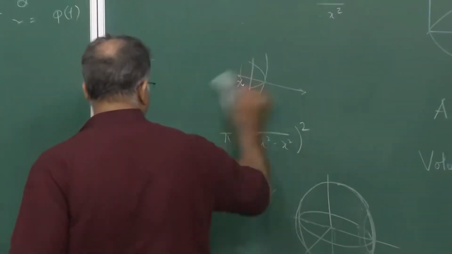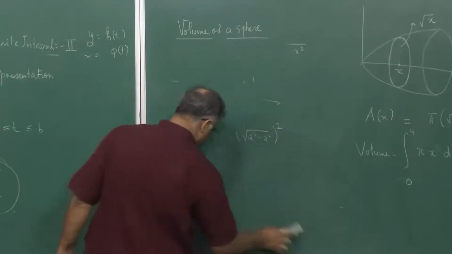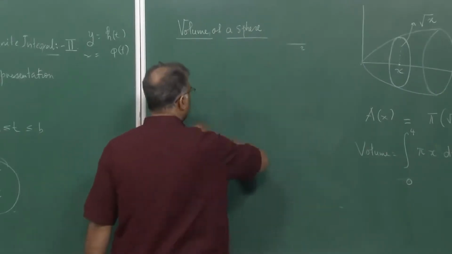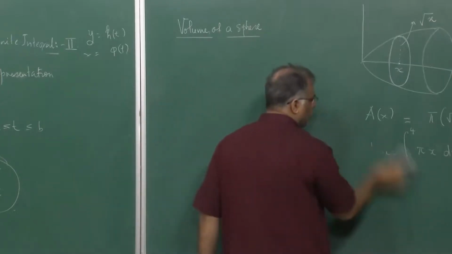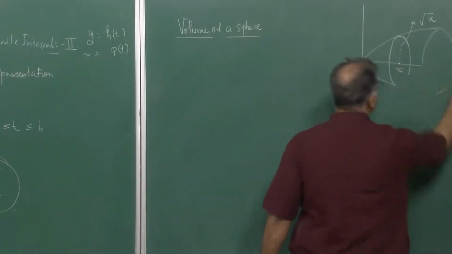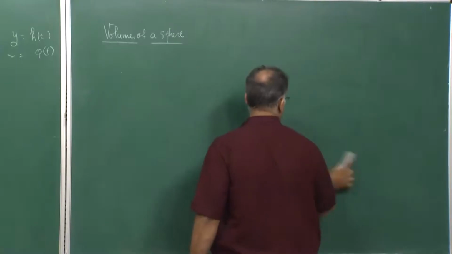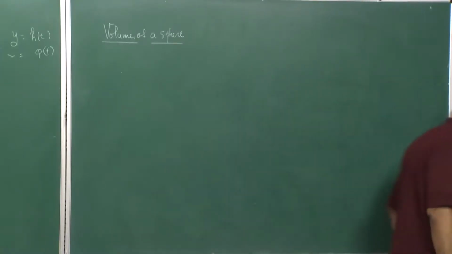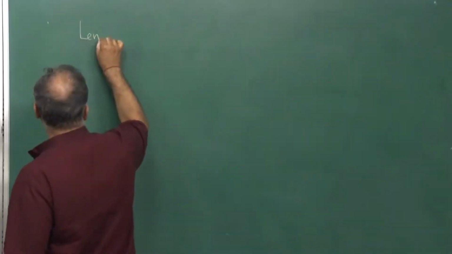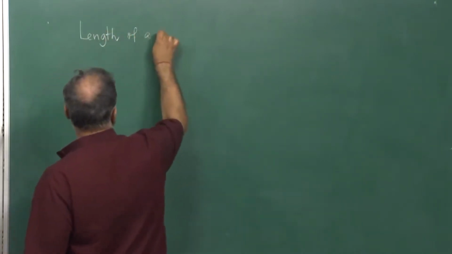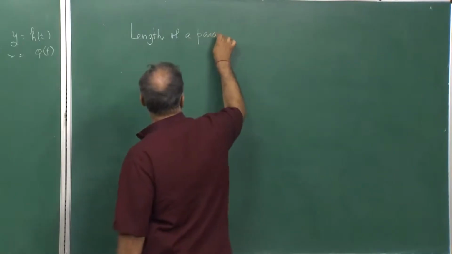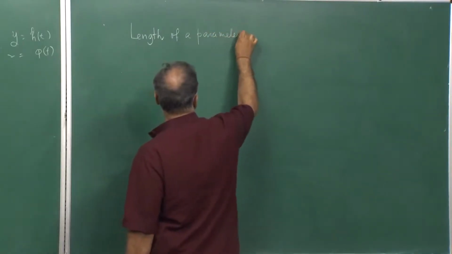Let us see how we derive the length of this curve, and maybe in the next class we can talk a bit about its applications, which would be in the 7th week of your lectures. So, let us now find the length of a parameterized curve. You will see here the beautiful application of the mean value theorem.